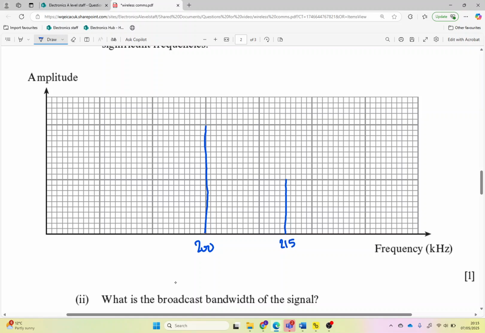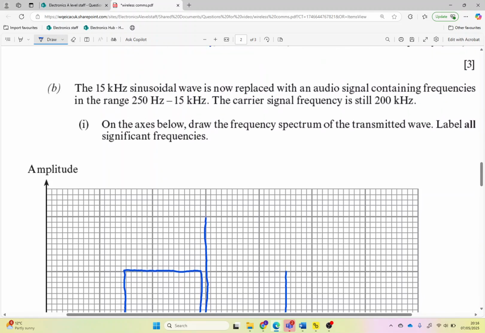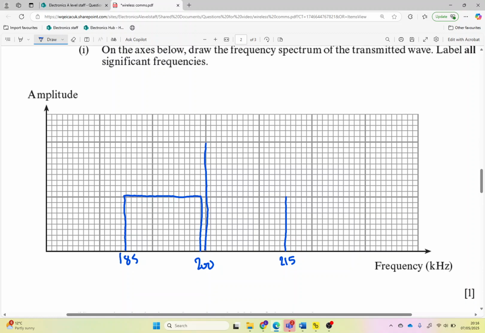At 1, 2, 3, 4, 5, another one there at 185. But the difference this time round is that because the frequency is sweeping from 250 hertz, we're going to box in that area to illustrate that the signal is sweeping from one to the other. Now, I can't get down to 250 hertz, so I draw a little bit of a gap between the two.